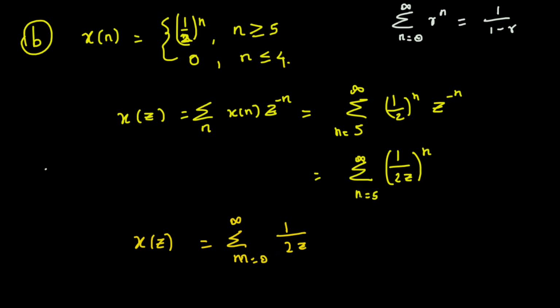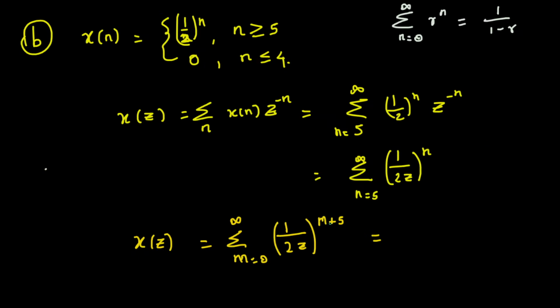Initially n started with 5, I'm starting with 0, which means I have to add a 5 to this. So I have to put m plus 5 here instead of n. I still cannot bring it to this pattern, because if I want to bring it, I have to have m alone only. Then only I can do it.